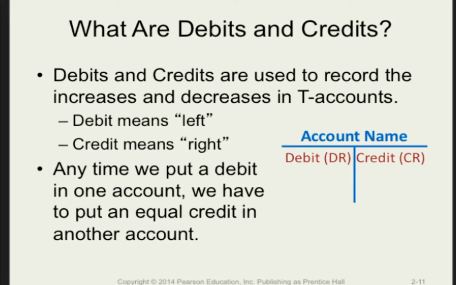Now, it's not true that the debit side always increases the account and the credit side always decreases the account. It depends on what type of account we're looking at. Sometimes the debit increases the account, sometimes the debit decreases the account. This can be tricky for beginning accounting students because oftentimes we take with us prior learning biases wherein we have heard of the terms debit and credit before.